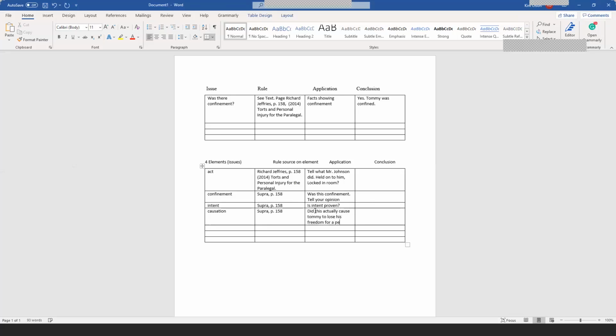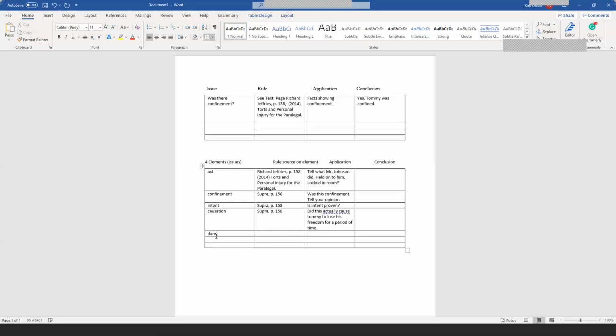For a period of time. It's interesting they didn't put damages in there, did they? Oh no, they added the damages at the end. Okay, so okay. Actually, that's page 159, isn't it? Can we use general damages?